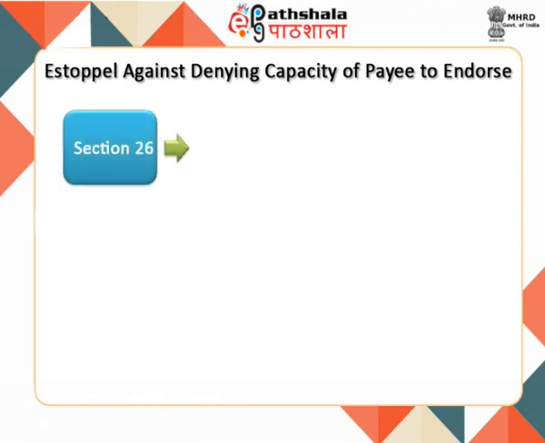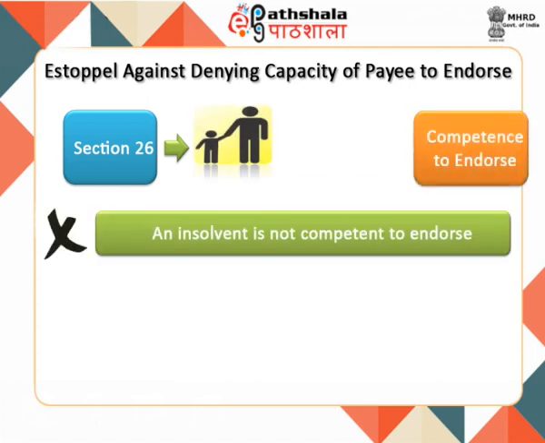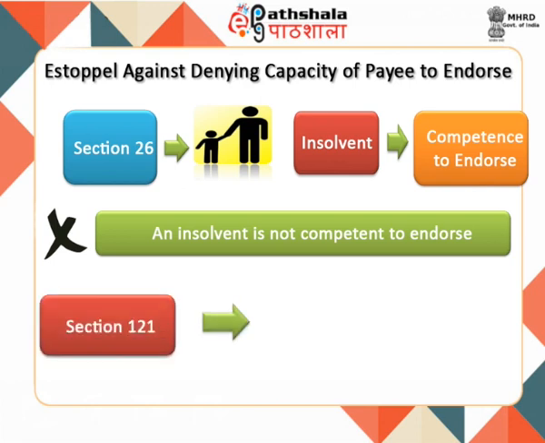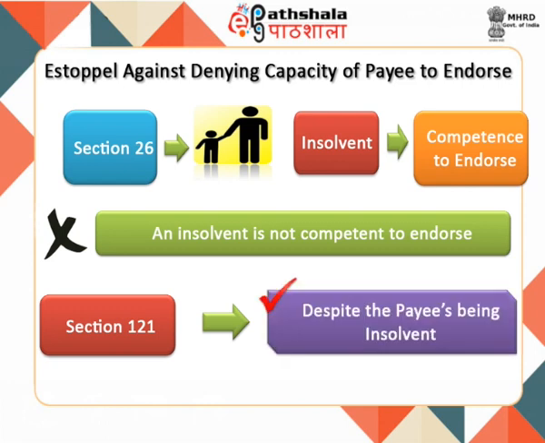While section 26 gives to a minor or an insane person competence to endorse, an insolvent, however, is not competent to endorse. By virtue of section 121, a holder in due course can claim payment in his own name despite the payee's being an insolvent to endorse the instrument.